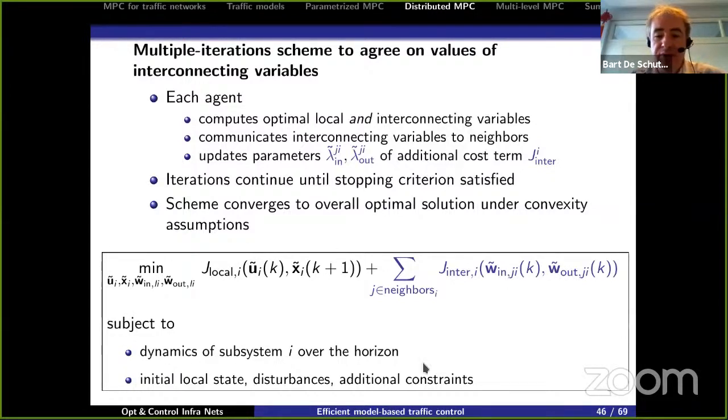If we do it in that way, we have a decoupled problem, because the agent only has to optimize the inputs. But after every step of the optimization, we get a kind of coordination between the agents that will also steer the interconnecting variables to similar values.